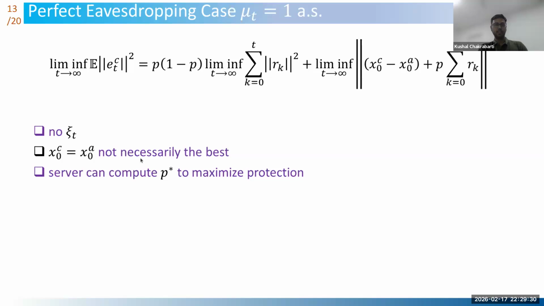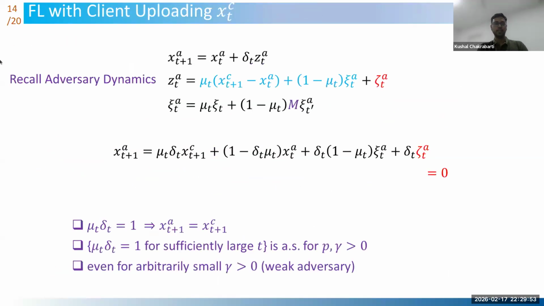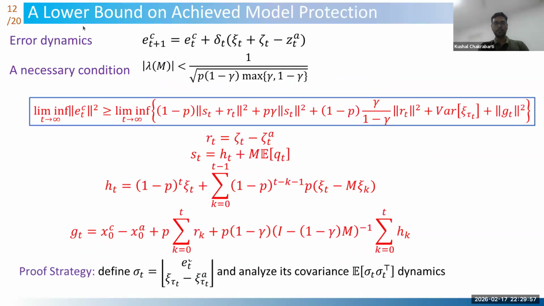And the best thing is that if you have an estimate of this quantity, then the server can compute the best p star which will maximize this amount of protection. So in both cases, we can see that there is some inherent amount of protection in the flip kind of algorithms.